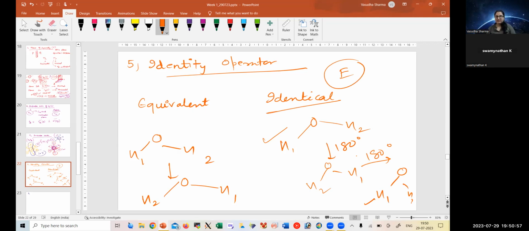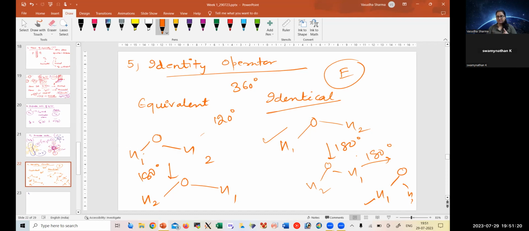Here in this one, a rotation of 180 degrees gives an equivalent symmetry. And when you give 2 times 180 degrees, that becomes 360 degrees. Similarly, if I repeat 120 degrees 3 times, 120 one time, another 120, then 120, that will give me an identical symmetry. That is where the identity operator comes into the picture.